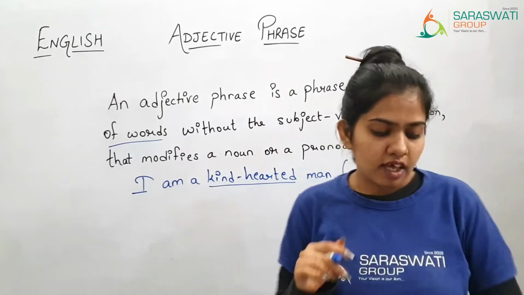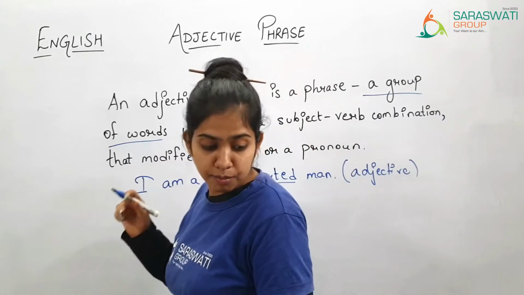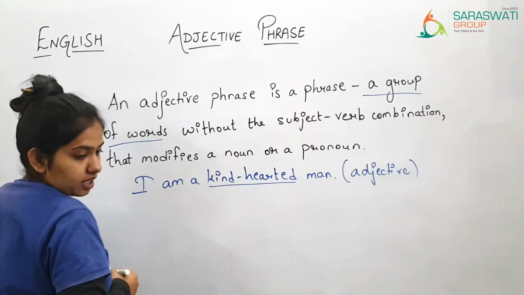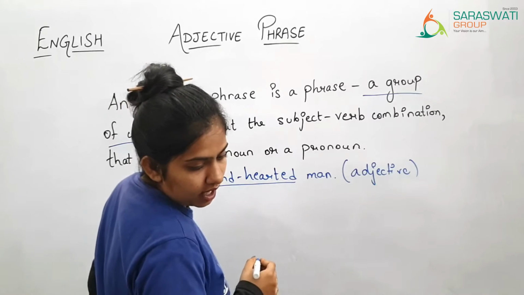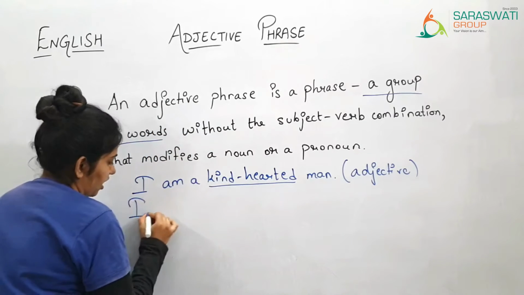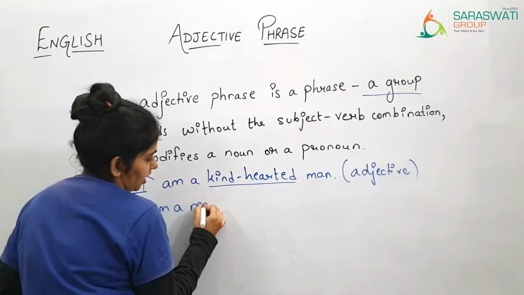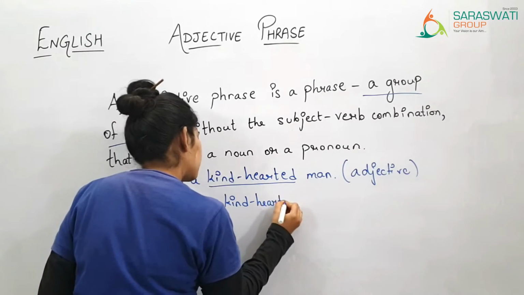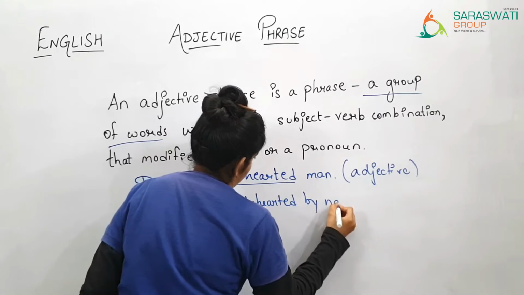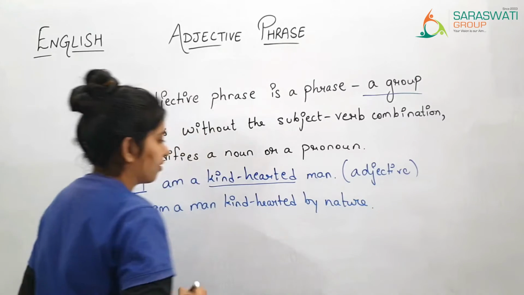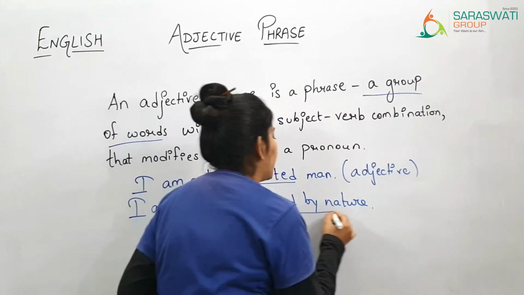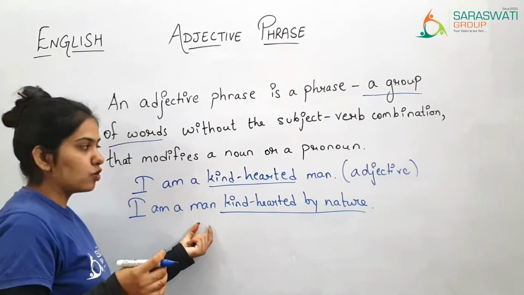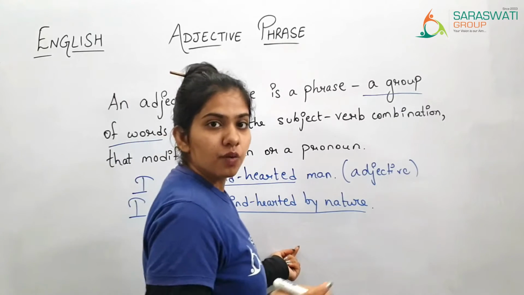Now, if I say I am a man kind-hearted by nature, so kind-hearted by nature, यहाँ पे जो man noun है उसको हमने modify किया, right? ओके, वो कैसे है?